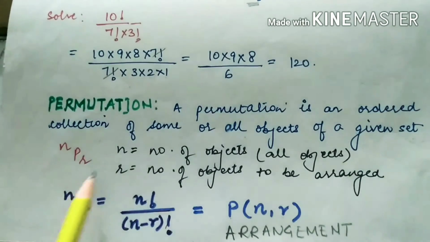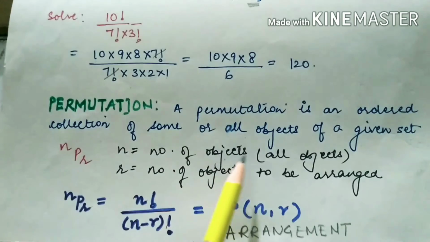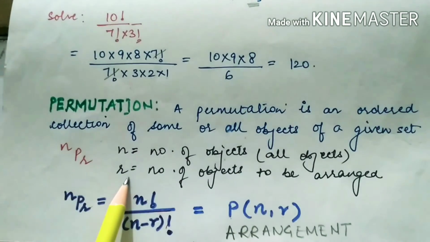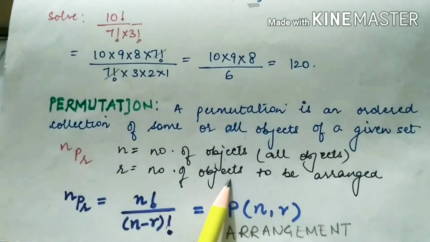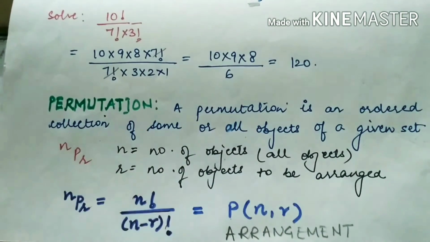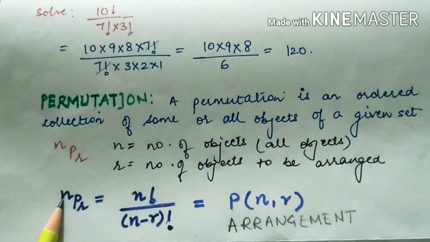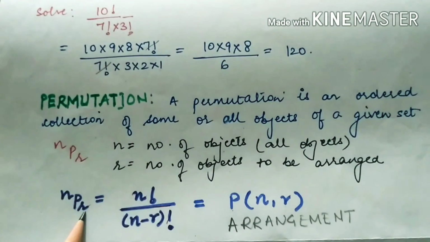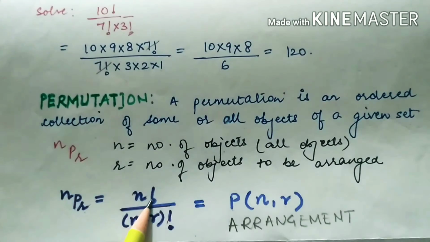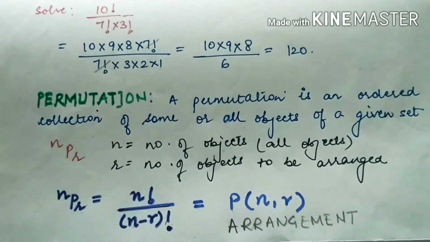What do n and r represent? n represents the total number of objects that are given to us, and r represents the number of objects that we need to arrange. So permutations of n objects taken r at a time is given by n factorial divided by n minus r factorial.